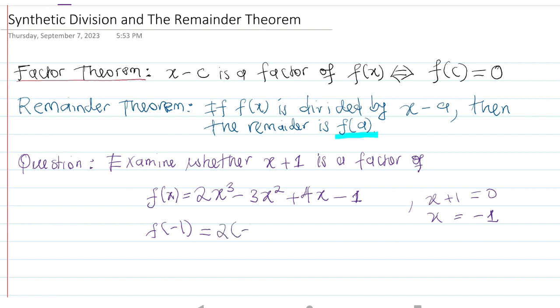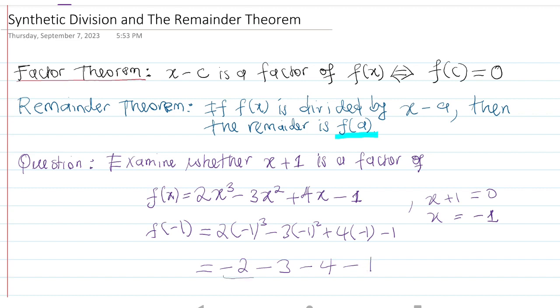So this is 2 times negative 1 to the power 3, minus 3 times negative 1 squared, plus 4 times negative 1, minus 1. And already this gives negative 2, this is minus 3, this is minus 4, this is minus 1.